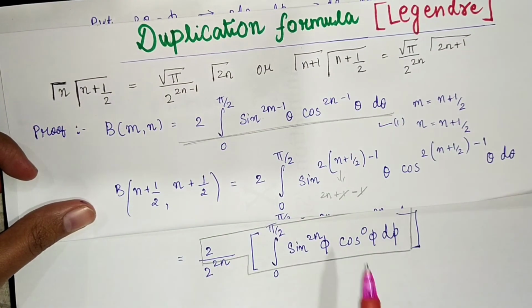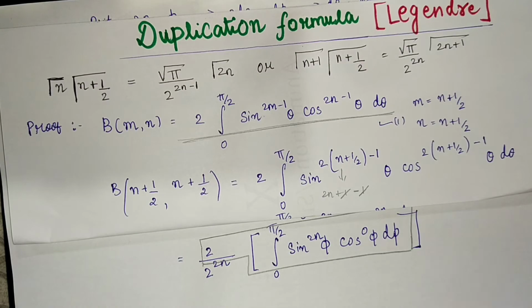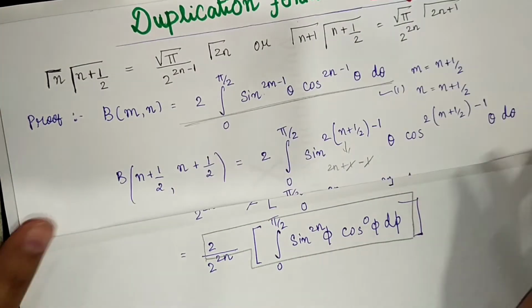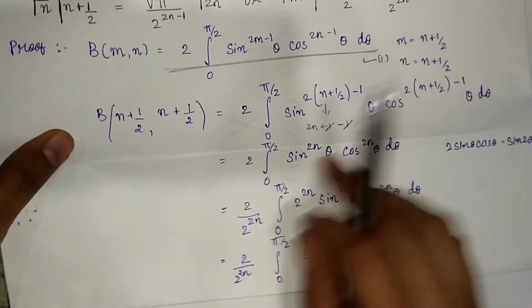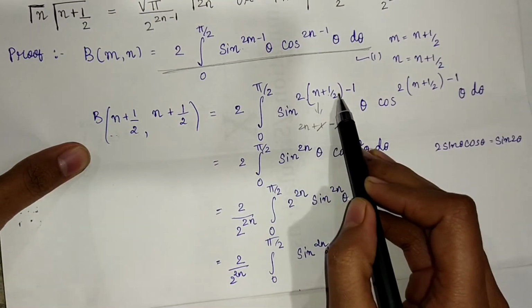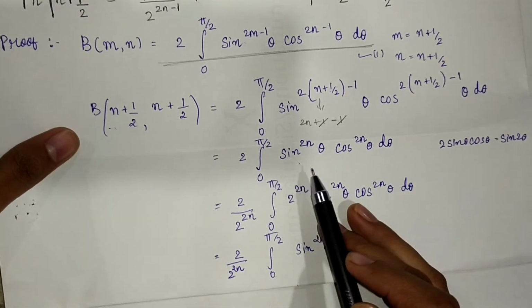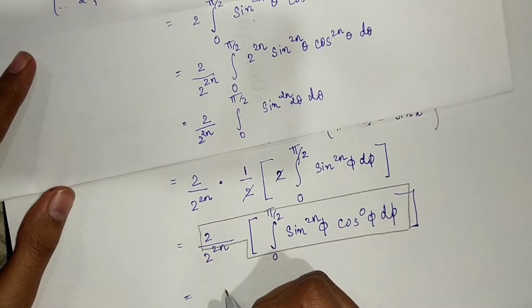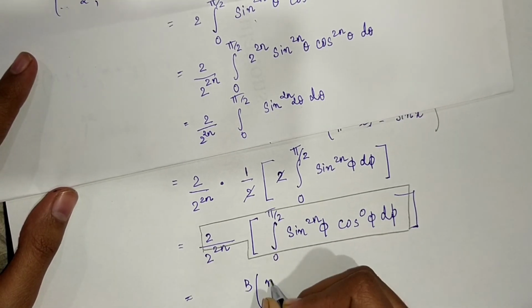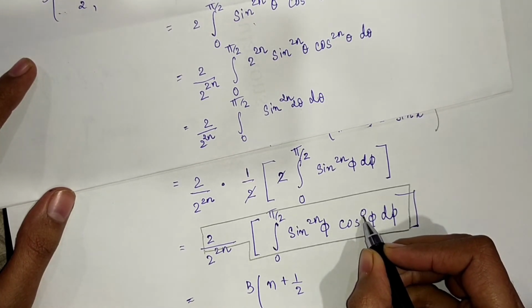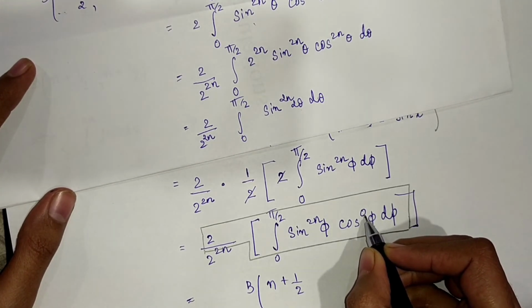When I get 2n, if I substitute the value m equal to n plus 1 by 2, I get 2n. So I can write its value as beta of n plus 1 by 2, and the other parameter when I get 0, if I substitute 1 by 2.